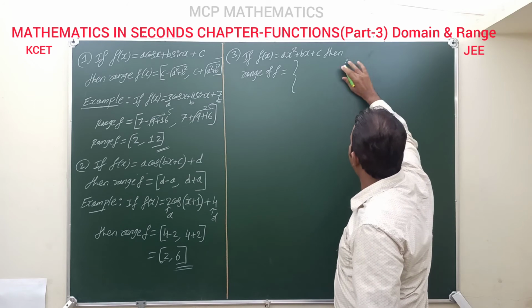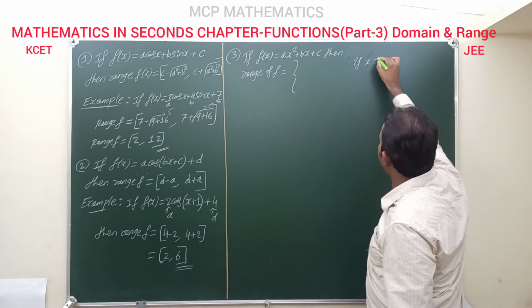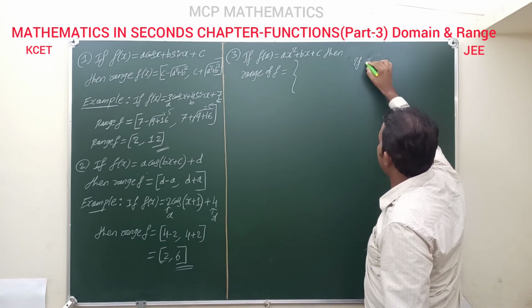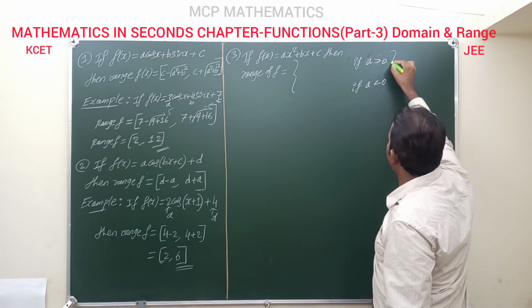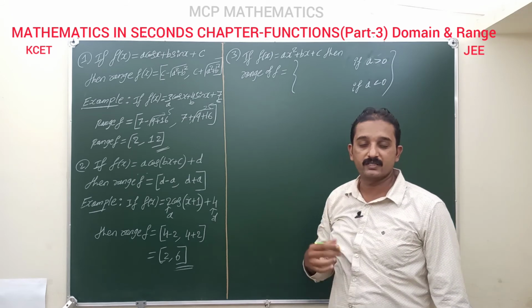If a is greater than 0 and if a is less than 0, two types of ranges are obtained, depending on the a value.